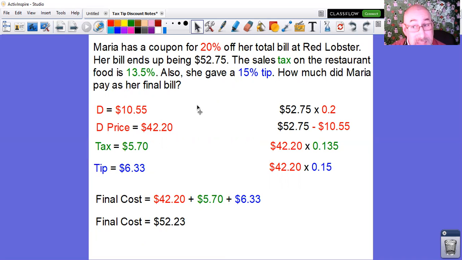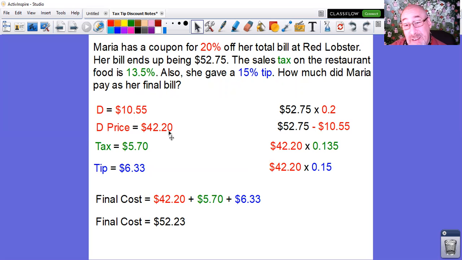To find our discounted price, we take our original and subtract the discount. So $52.75 minus $10.55. Our discounted price that we're actually paying before tax and before tip is $42.20.